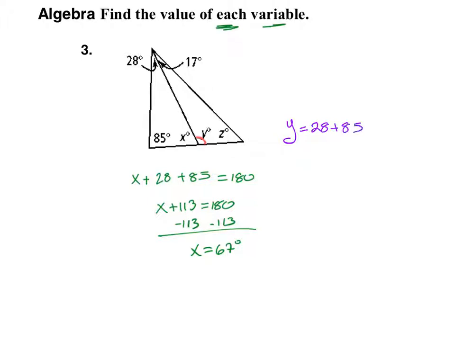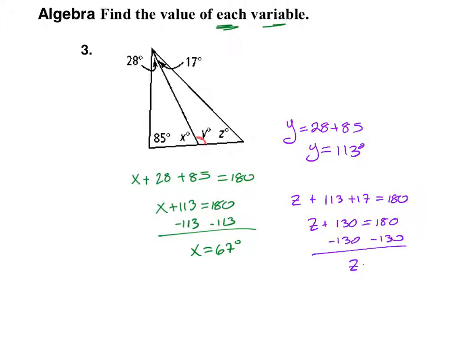So 28 plus 85, so this is 113. Now angle z: z plus 113 plus 117 equals 180. So z plus 230 equals 180... z plus 130 equals 180, so minus 130. z equals 50 degrees.